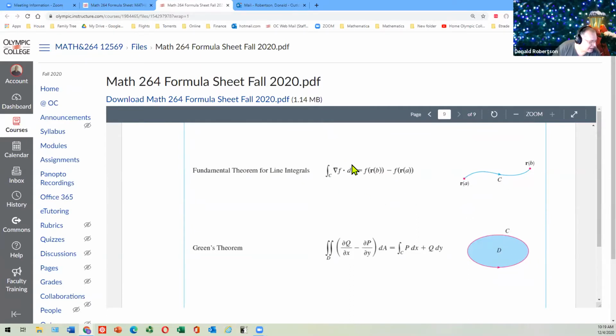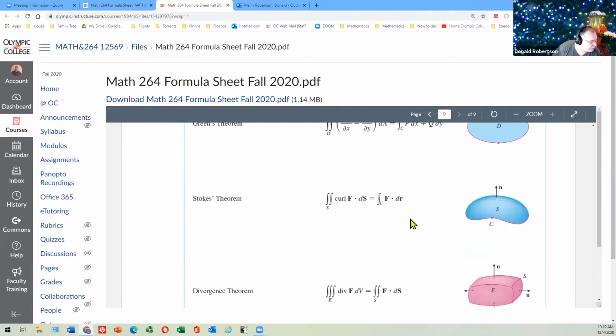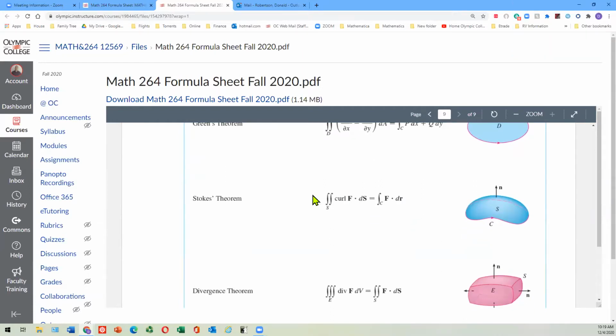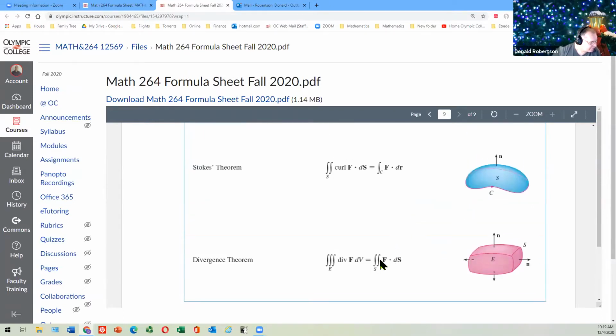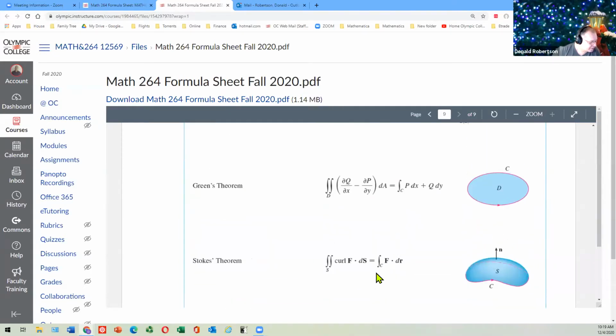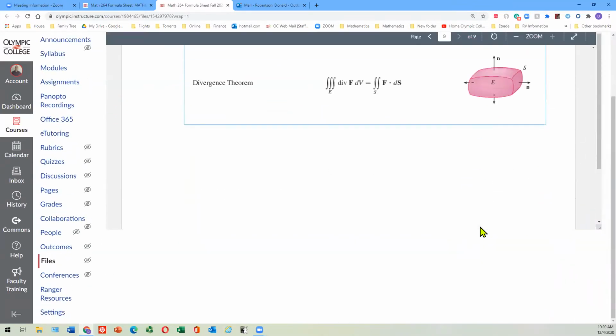Delta F is actually big F. There's Green's theorem. You can use it either direction. Actually, all of these formulas can be used in either direction, although I think they seem to like going this way more than the other. So they like this guy. To find this fella, which is the flux, you use that. To find this fella, you use that, so on. Anyway, it's just a resource to help you out.